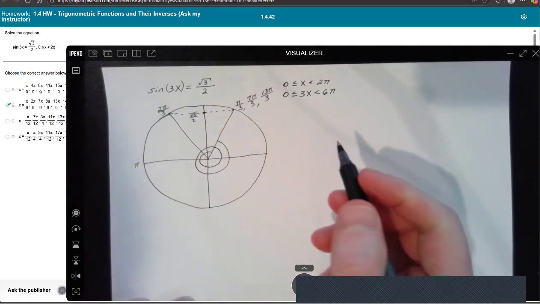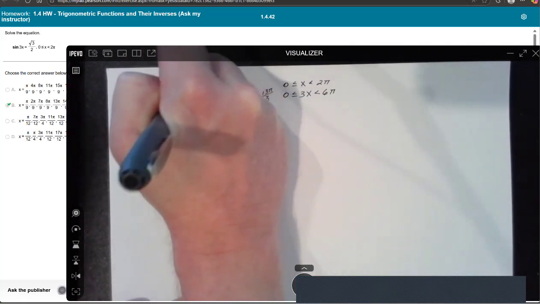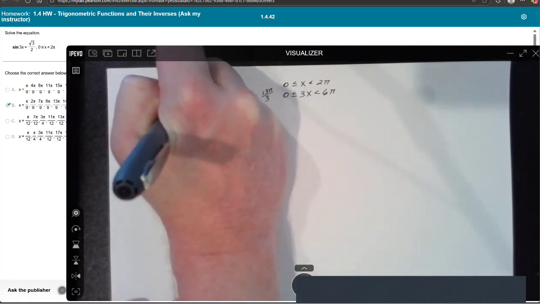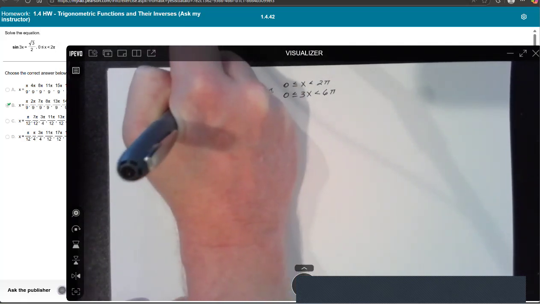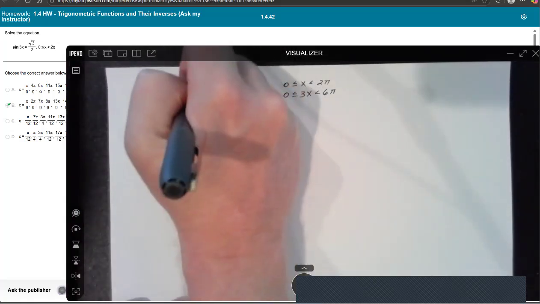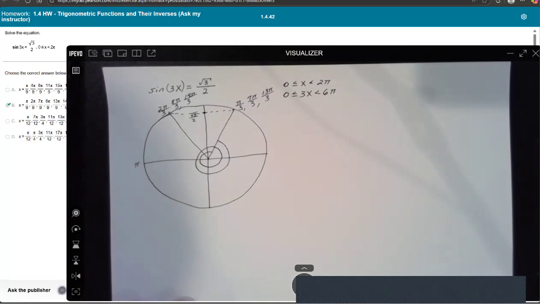Similarly, you'll just add 2 pi radians or 6 pi over 3 to each other solution. So it's going to be 8 pi over 3 or 14 pi over 3. Now, that's what the entire angle 3x would have to equal.